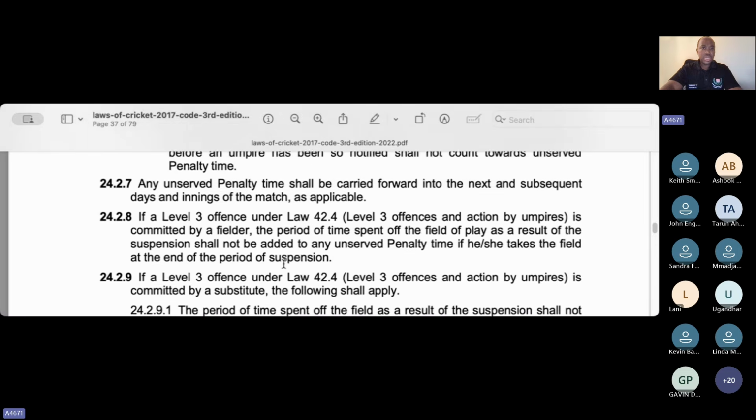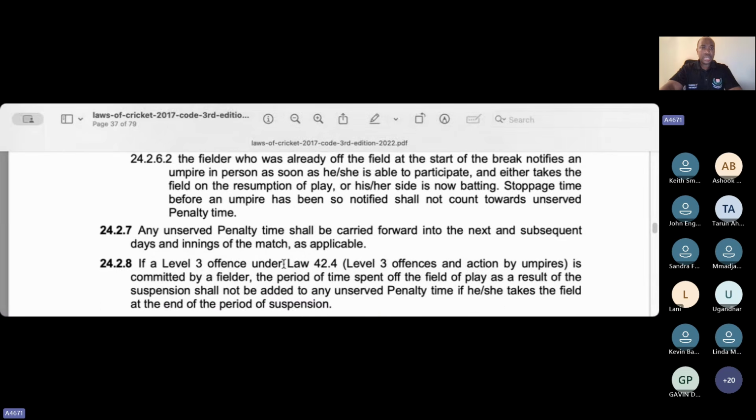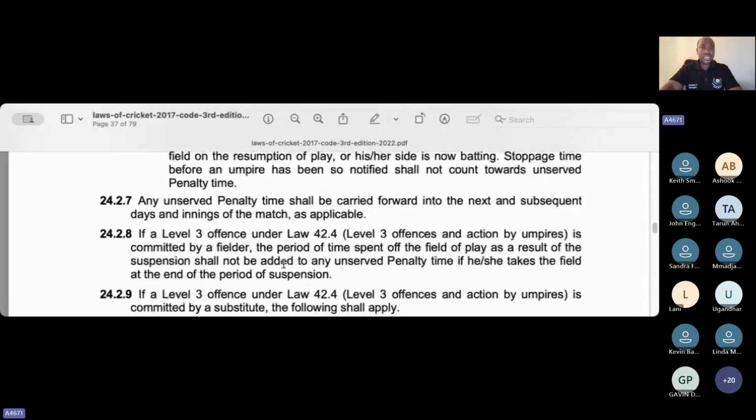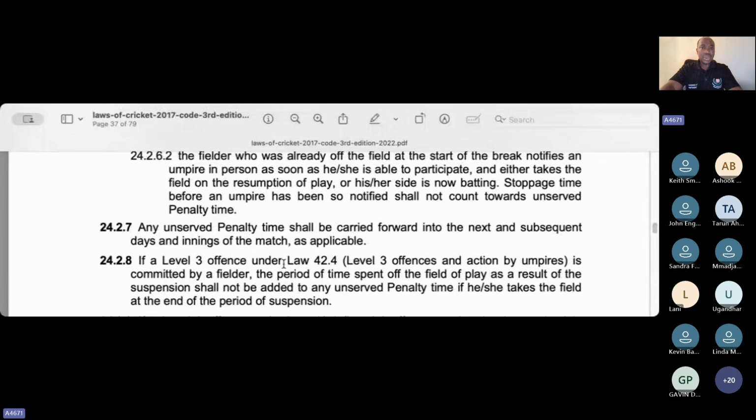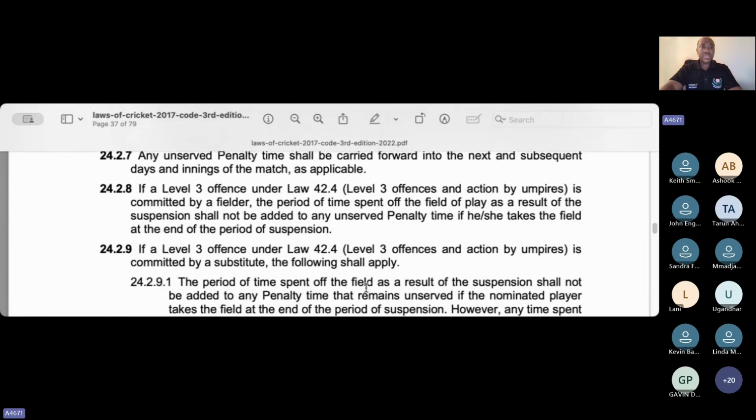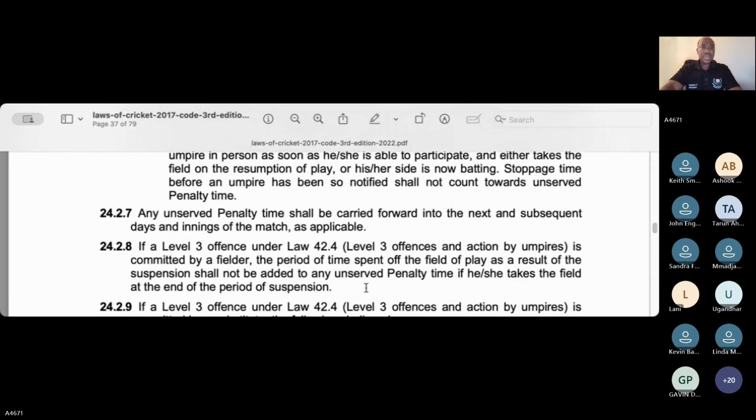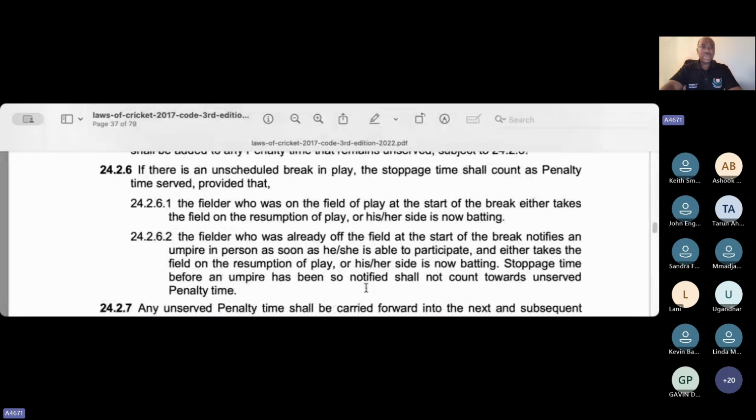I'm quite sure I read earlier as well that that time off the field obviously also doesn't count as penalty time served. Here we go. The period of time spent off the field of play as a result of the suspension shall not be added to any unserved penalty time. It does not count as time served on the field, obviously.